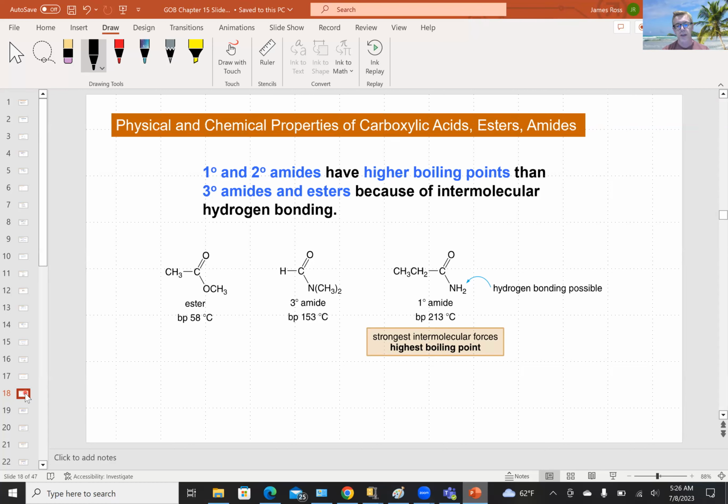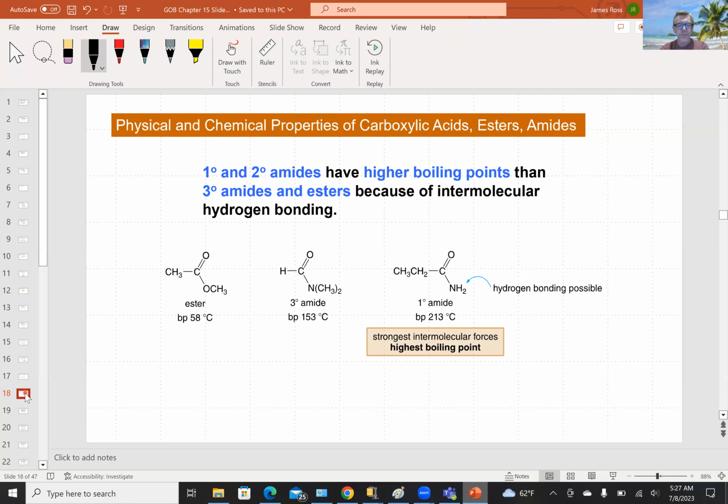So it will have a certain value. Compare the middle value with the primary amide on the right. Clearly, we have hydrogen bond capabilities, which substantially raises the physical properties of that primary amide.